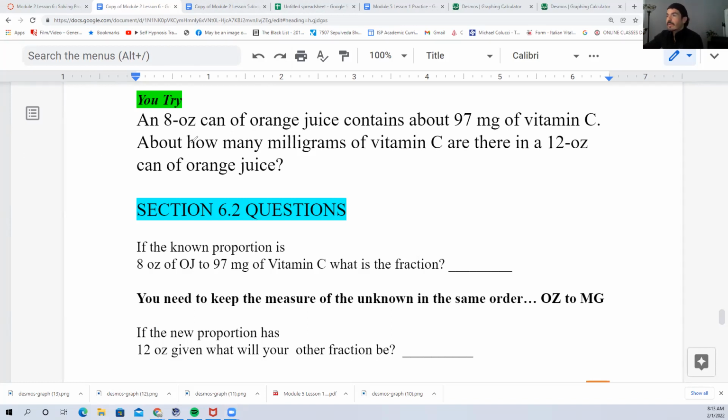So here I'm going to define my numerator, the top number, to be ounces of orange juice.